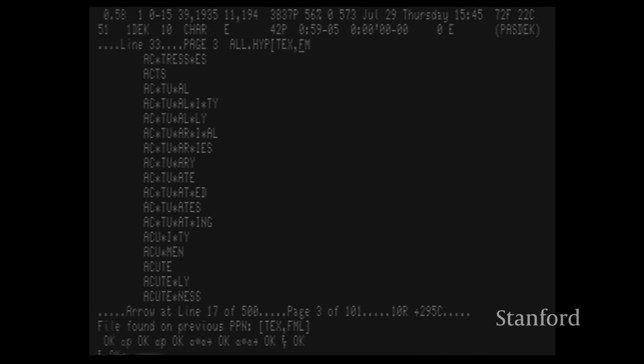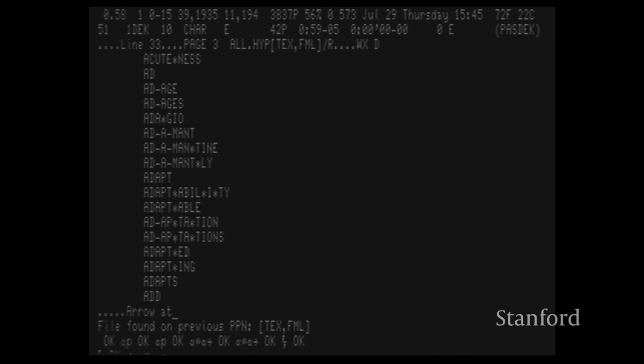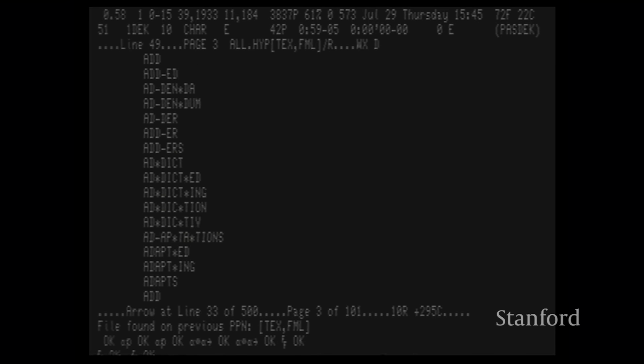Okay, well, let's get to some harder cases. Let's see what's going on here. Adaptations, adaptable, adage, I don't know. You see, sometimes you want a hyphen after the second D, and sometimes not.